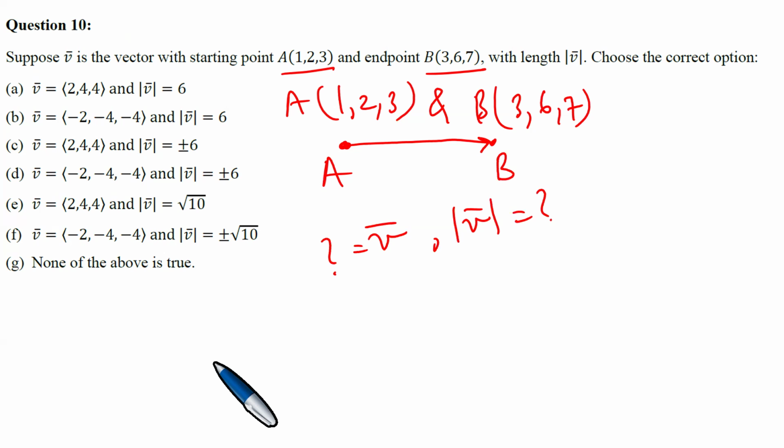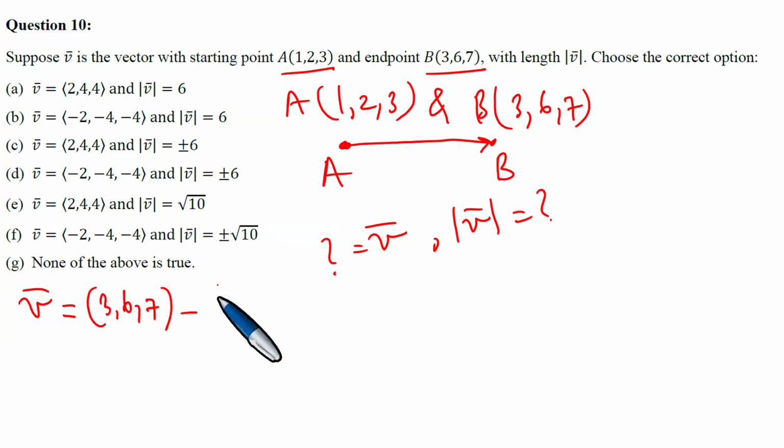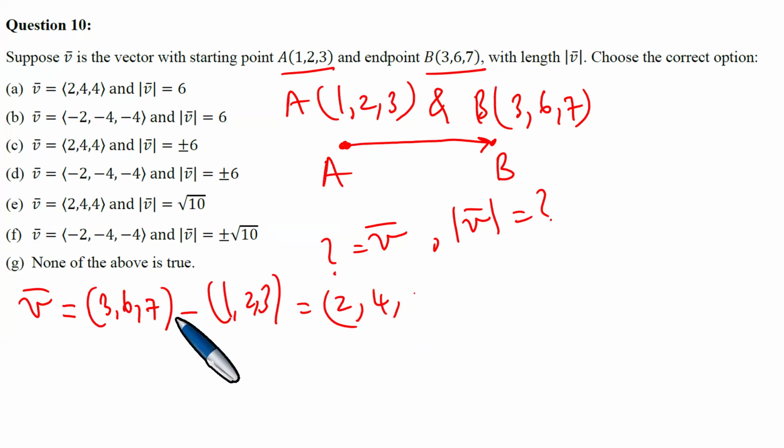Right, so there are a couple of things you need to take into account. To find the vector V, suppose that V is the vector with starting point 1, 2, 3 and end point 3, 6, 7. Then you have 3 minus 1, which is 2, 6 minus 2, which is 4, and 7 minus 3, which is 4.